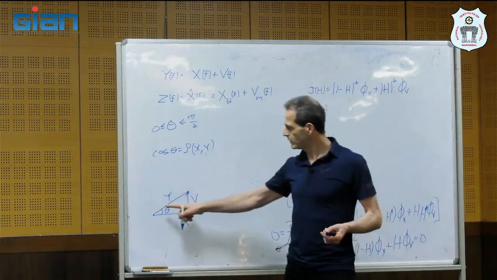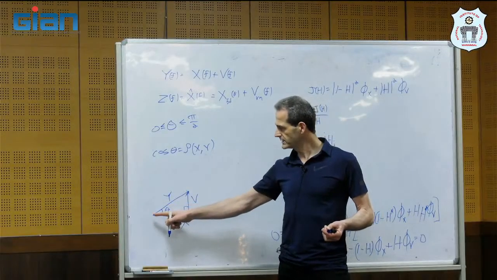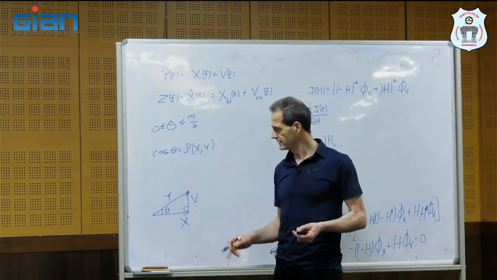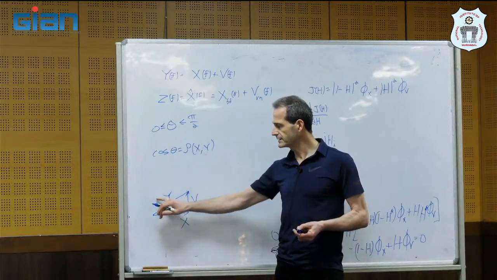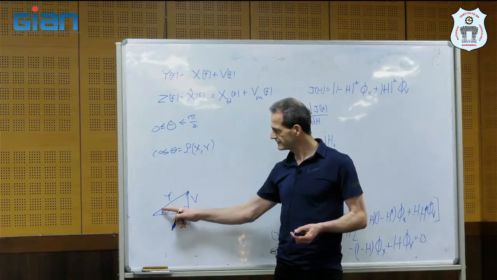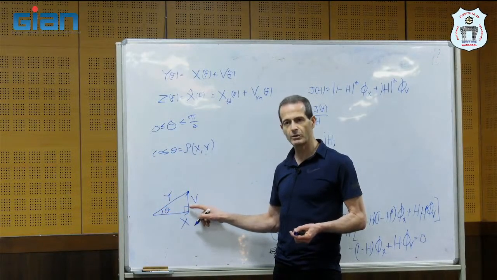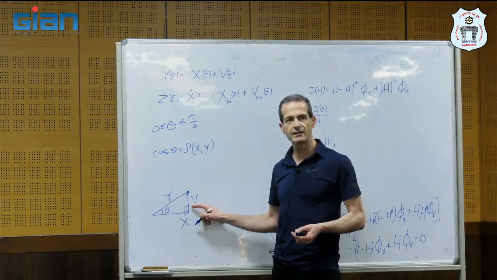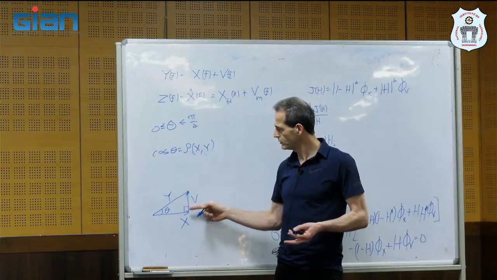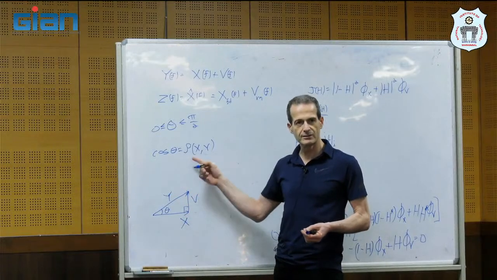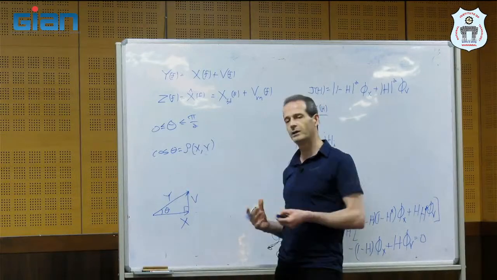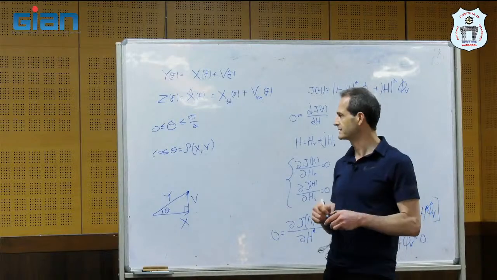When theta is small, we see that y and x are more correlated. When theta is large, they are less correlated. Also, when theta is small, the noise is small, so the input SNR is high. When theta is large, closer to 90 degrees, the noise is large, so the input SNR is lower. It's a nice way to present signals.